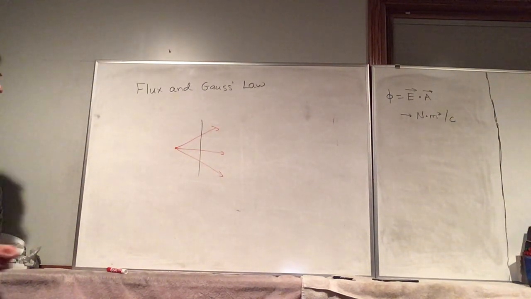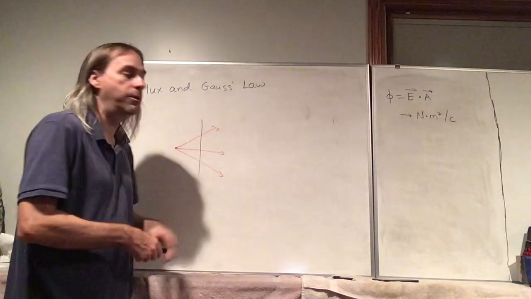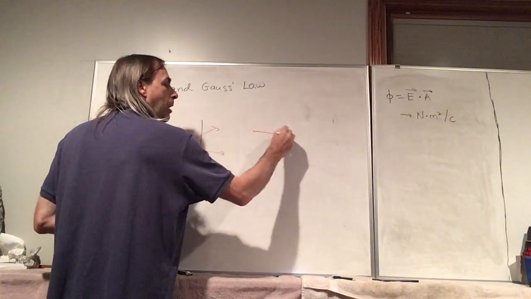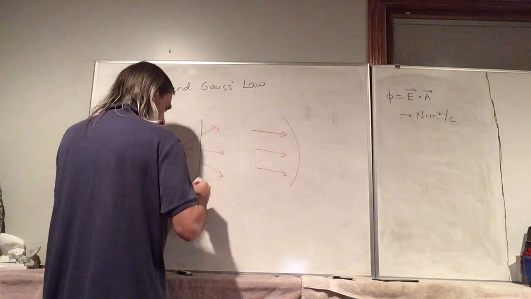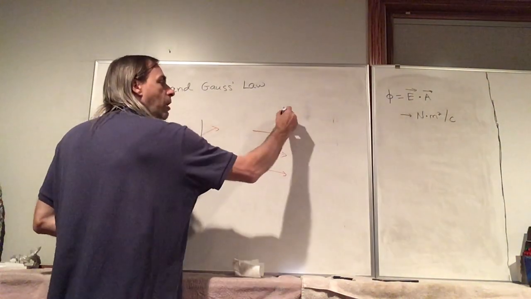And so what we have to do in this case, or similarly if we have just a constant electric field but we had a curved surface, we're going to have the same problem. Let me redraw this. So here's our curved surface.